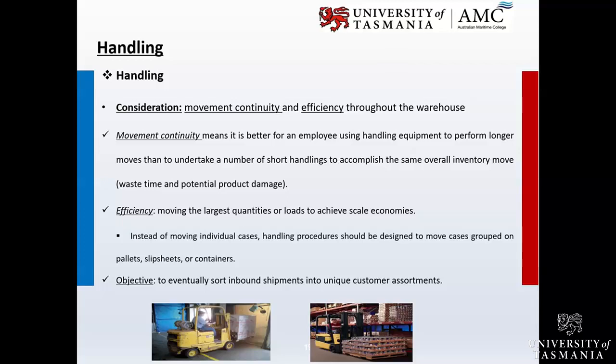That means it is better to perform longer moves, because it can save time and reduce potential damage to your products. The second consideration is efficiency. It's better to move the largest quantities because you can achieve economies of scale.